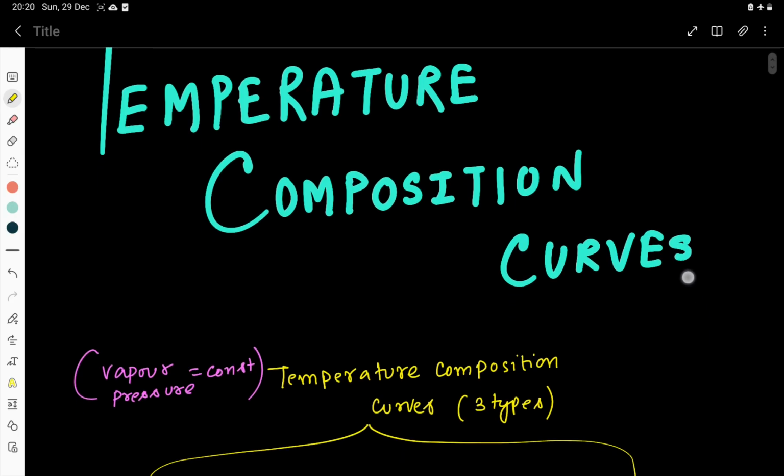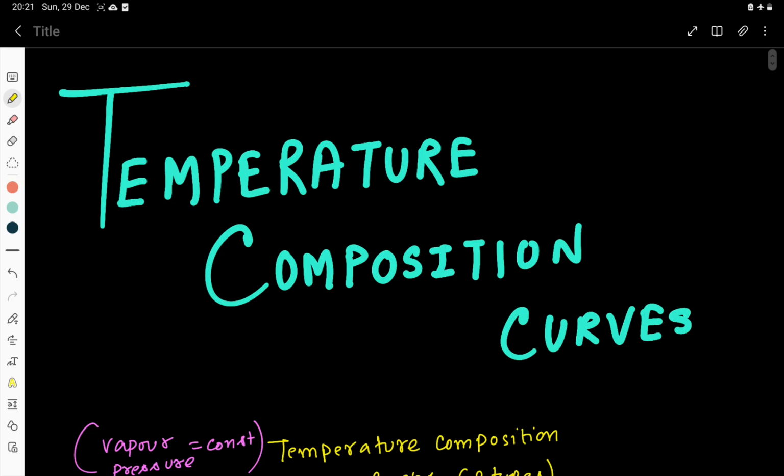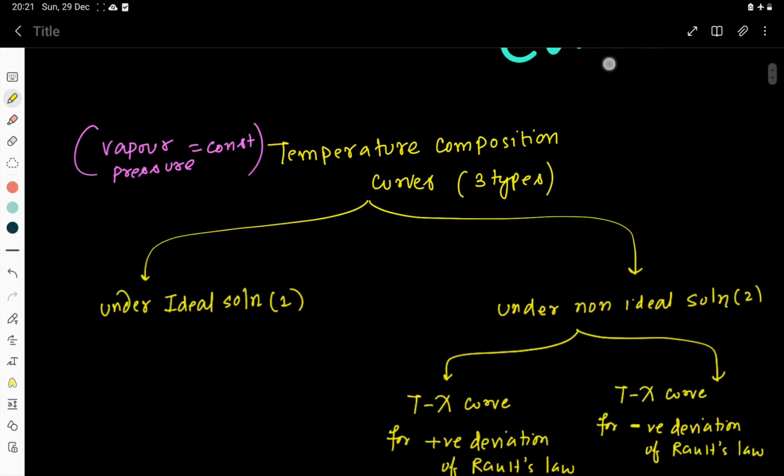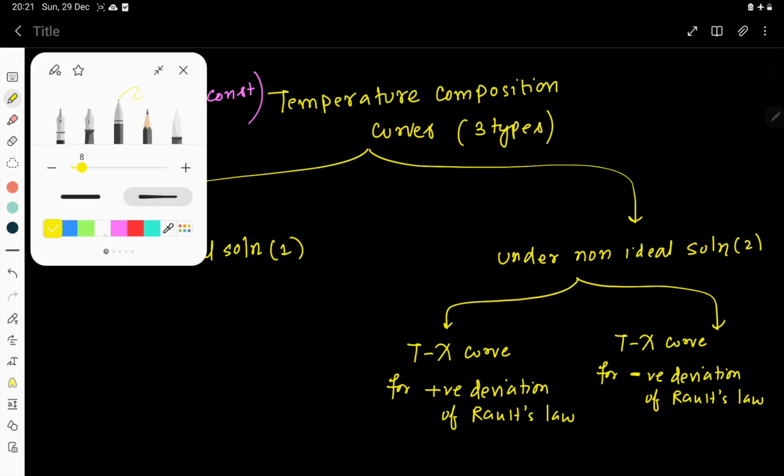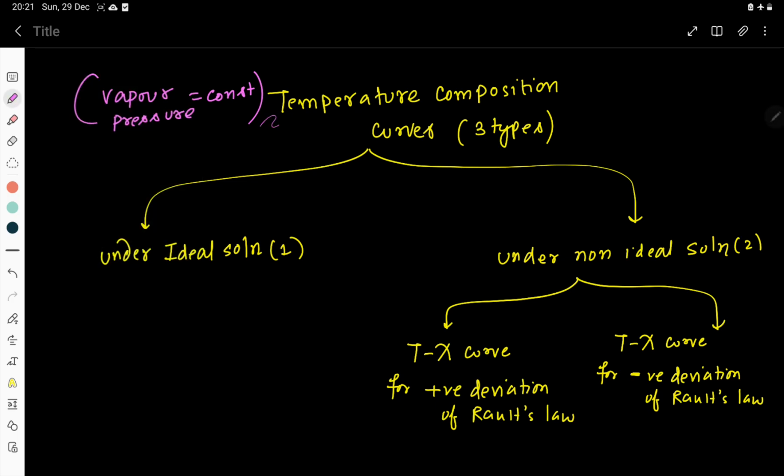Temperature composition curve is basically a relation between the temperature and the composition of a mixture of liquids. Under temperature composition curve, it is basically of two types: one curve comes under ideal solution and two curves come under non-ideal solutions.